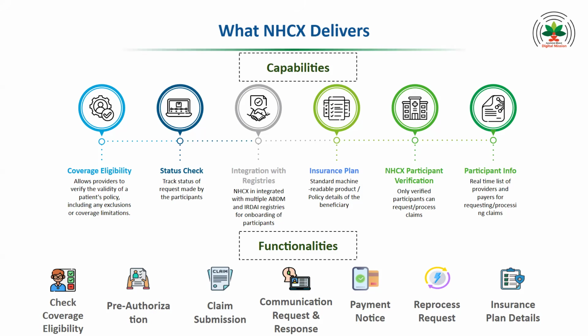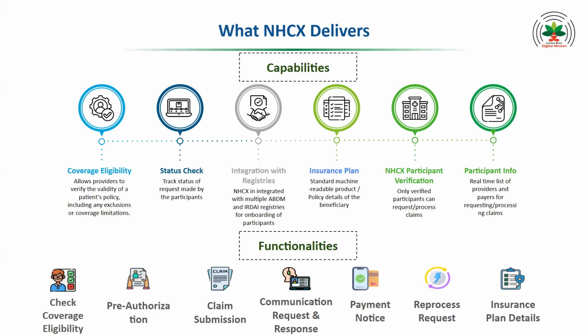Another thing is the standardized machine-readable insurance plan. You have your policy in a PDF format, in which you get information about what is included, what is covered in the policy and what is not.